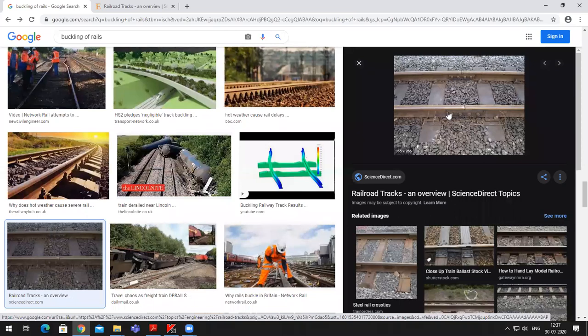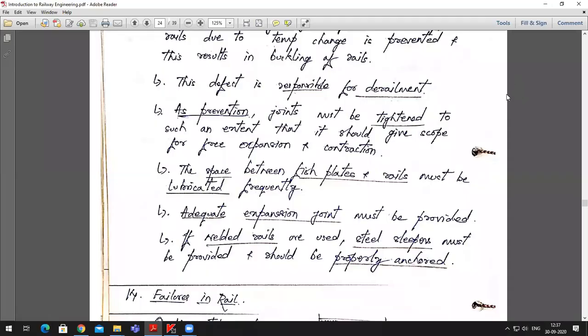You might weld some 2 to 3 rails together as per standards, and then after that you have to provide this kind of a joint, fish joint, to allow the expansion and contraction to take place. If welded rails are used, then the steel sleepers must be provided, and you should have a proper anchorage system which allows the mobility of these rails to expand and contract, only within certain limits.